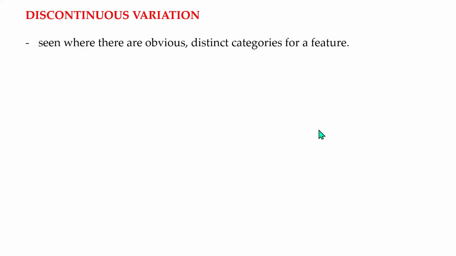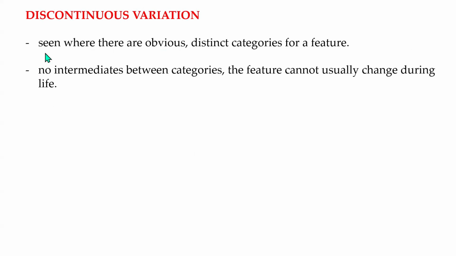Then the next one is discontinuous variation, which is seen where there are obvious or distinct categories for a feature. So it's usually in the form of distinct categories, like for example red and black, apical and axial, green and yellow.